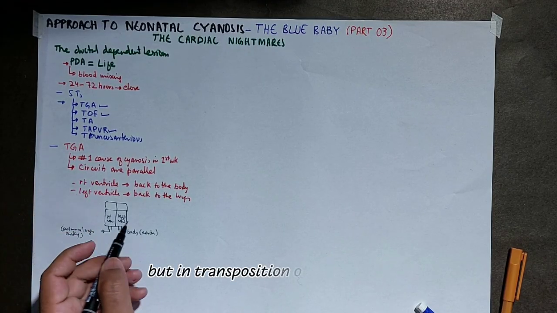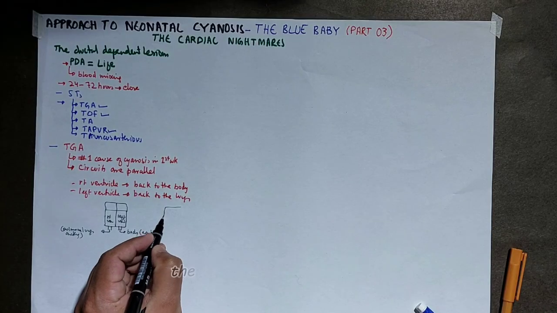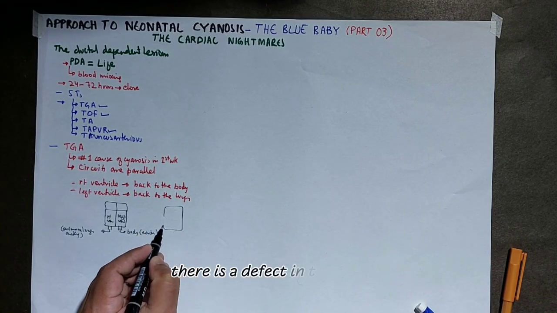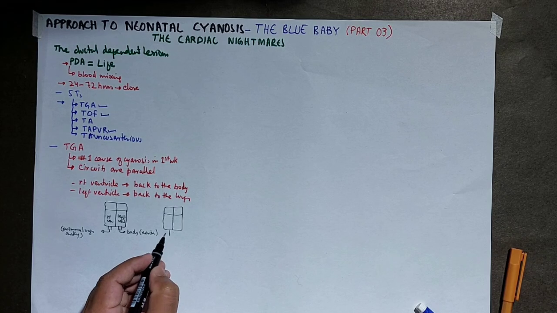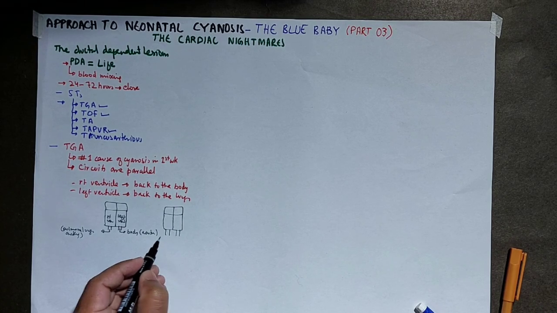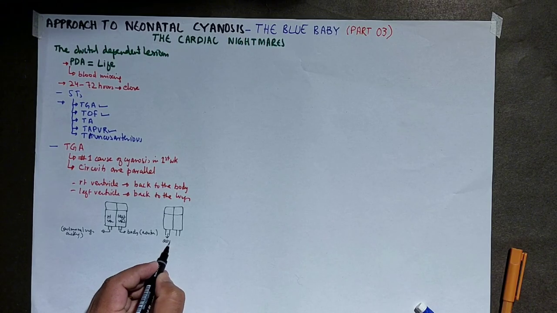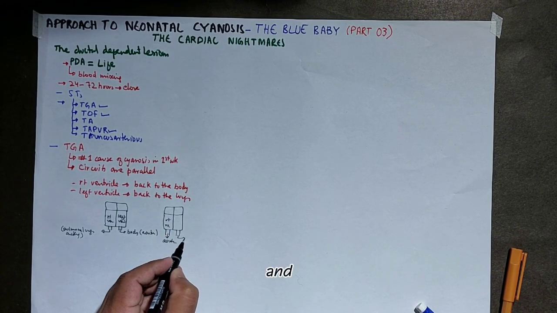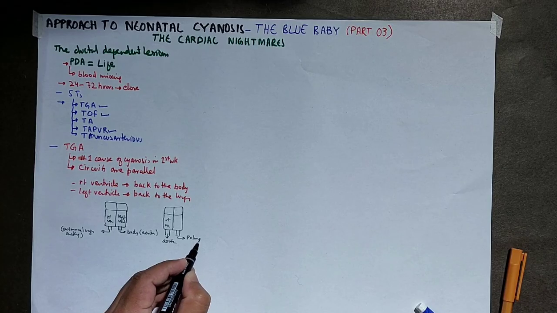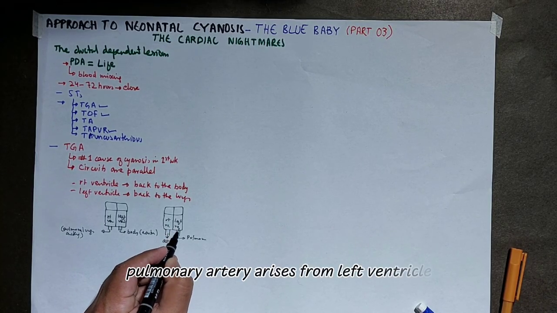But in transposition of great arteries, there is a defect in this circuit. Here, the aorta arises from the right ventricle and the pulmonary artery arises from the left ventricle.